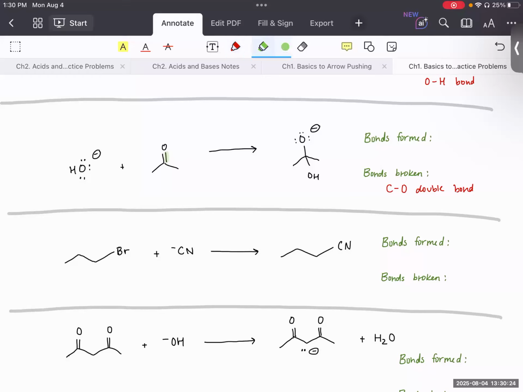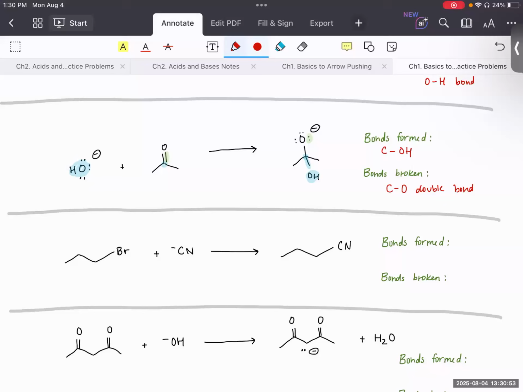And then those electrons end up as a lone pair on the oxygen. We can also see that we ended up forming a bond between this OH and the carbon atom right here. And I highlighted those in blue to help illustrate where all those atoms are. And so we form a carbon bond to that OH.